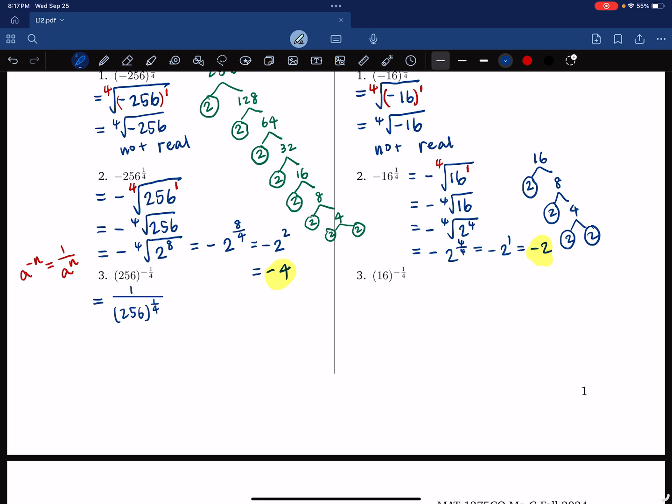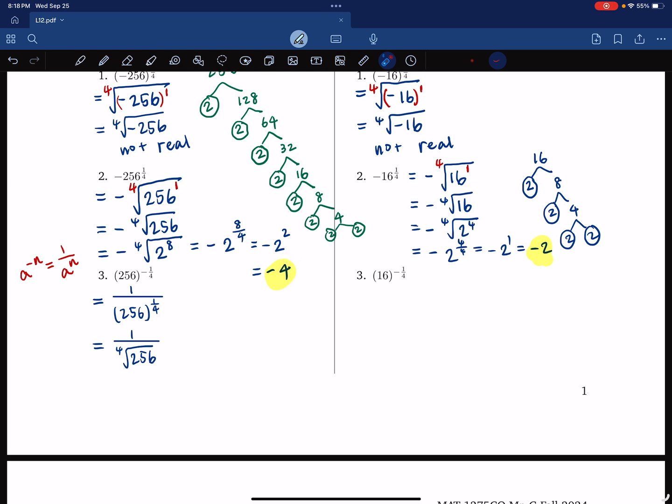And then notice that this 256 to the power of 1 over 4 is the same as the 4th root of 256. We did this earlier right here. So we already know this is 4.